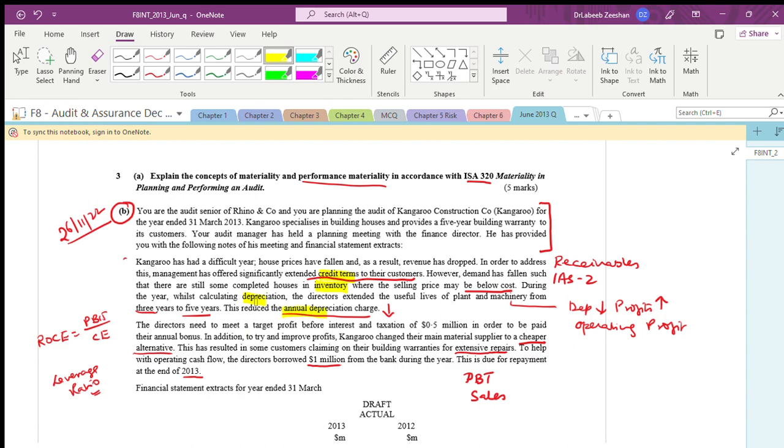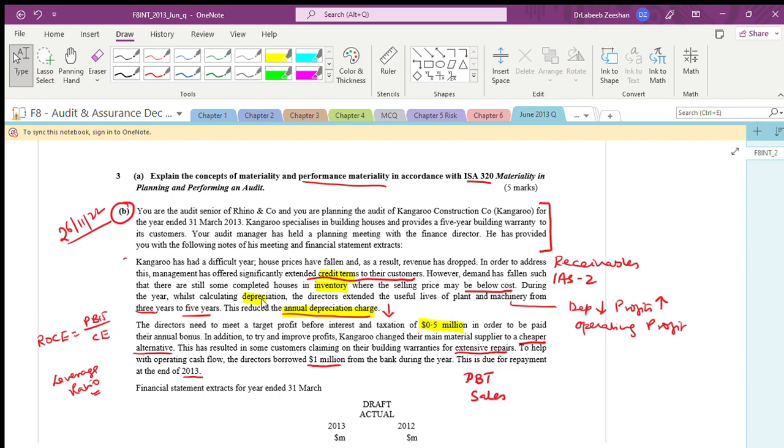The depreciation charge has been changed. The directors need to meet a target profit before interest and tax of how much? 0.5 million in order to pay their annual bonus. In addition, to try to improve profits, Kangaroo changed the main material supplier to a cheaper alternative. This has resulted in some customers claiming for the building warranties.